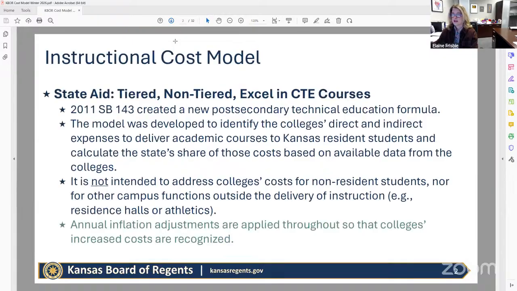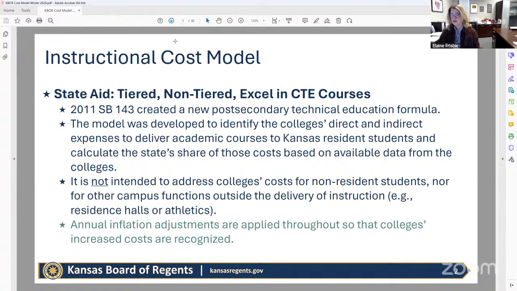As a reminder, back in 2007, when the Tech Ed Authority was first created, the concept was also that there be a new model created to identify colleges' expenses to deliver academic courses. This was for Kansas resident students and not intended to address all the other activities at a campus. Where they have a residence hall, or a bookstore, or a student union, or athletics, those things are outside the cost model.